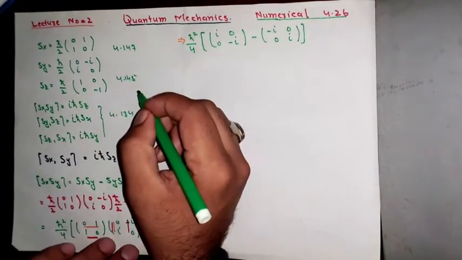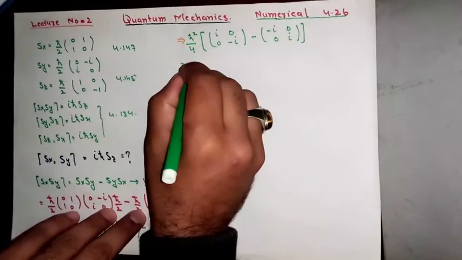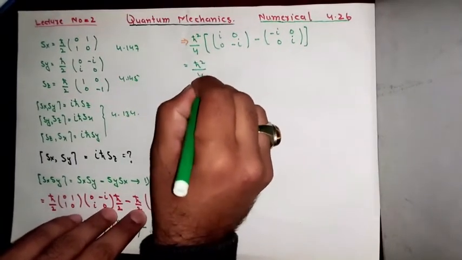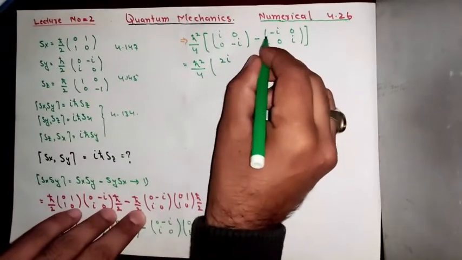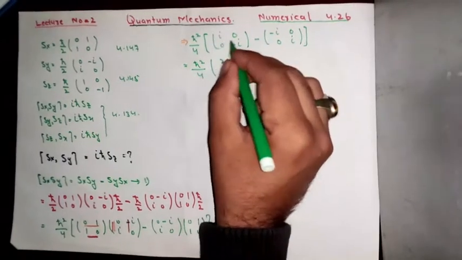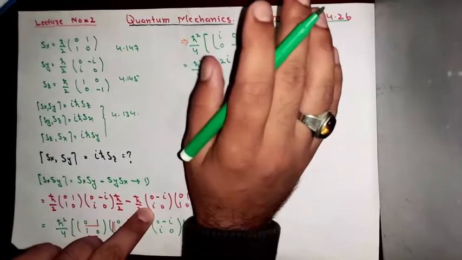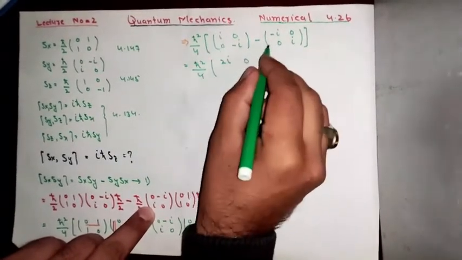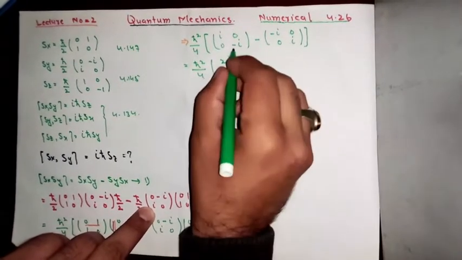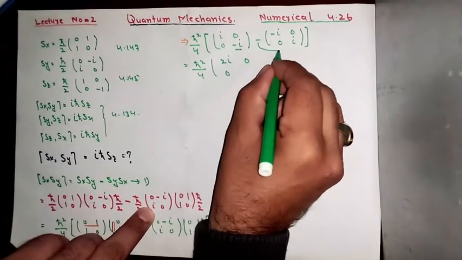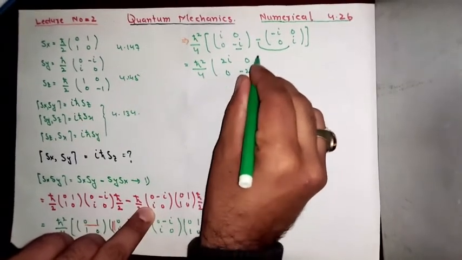We get this, and now I simply subtract, so I get h bar square over 4, and the remaining entries are 2i, because minus becomes plus so i plus i is 2i, and 0 minus 0 is 0, and 0 minus 0 is again 0, and minus i minus i gives minus 2i.